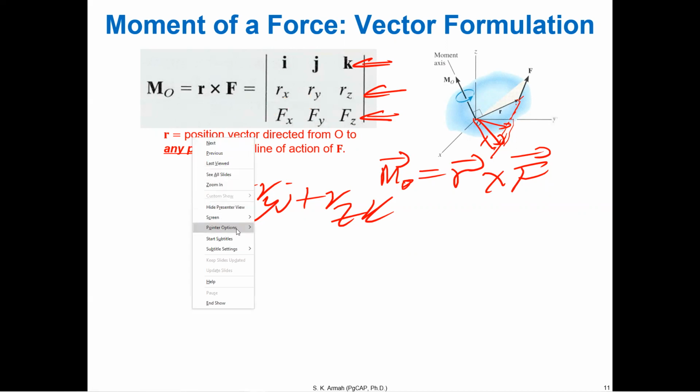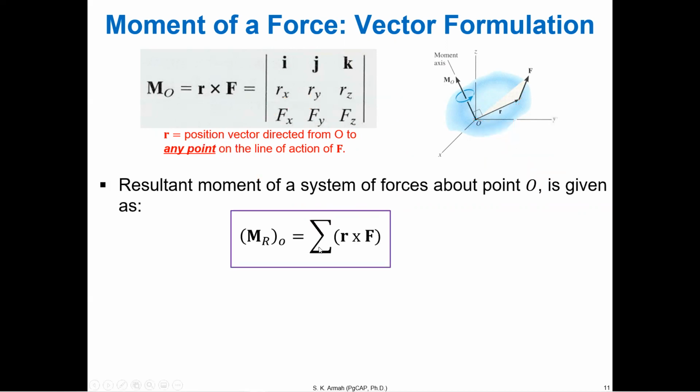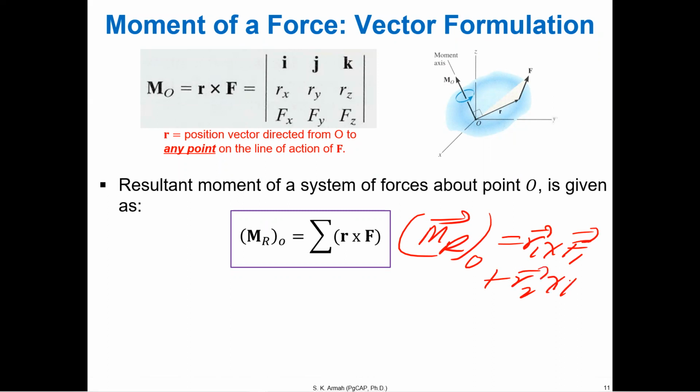Let me add some few points and then we go into that. If you have more than one force, then we are talking about resultant. So this resultant is a vector about, let's say, point O. It's like your R1 cross F1, add R2 cross F2, up to, let's say, Rn cross Fn, depending on how many you have.